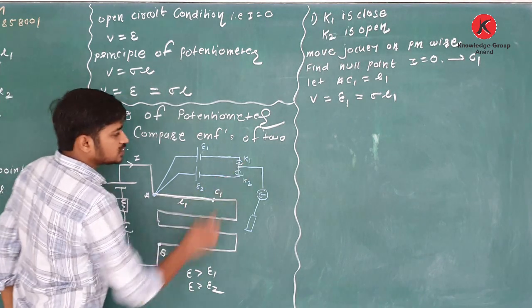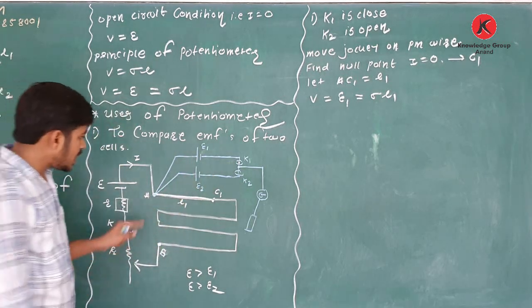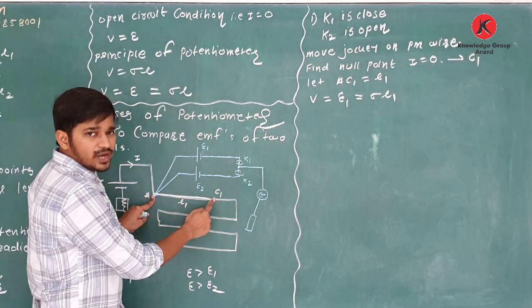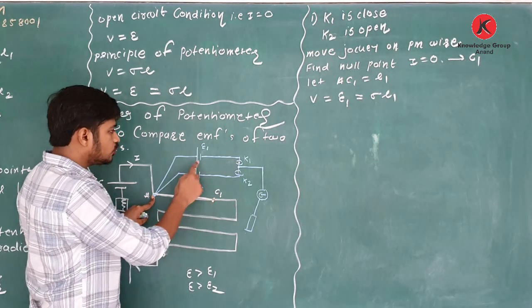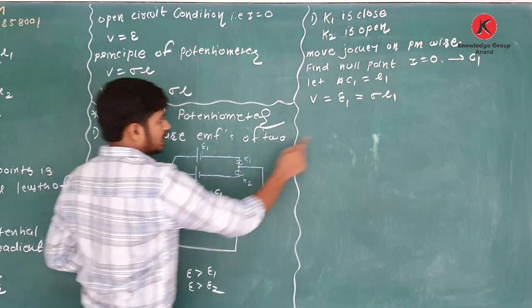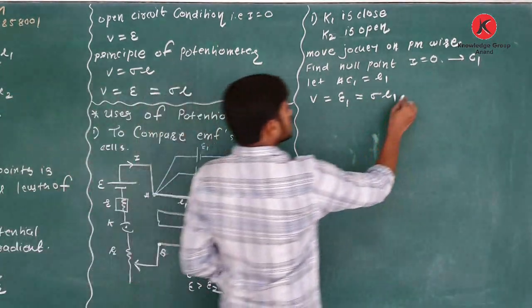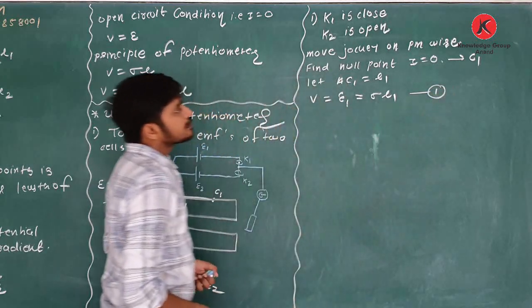Here the K1 switch is closed, so this cell comes in the circuit. So the potential difference between the two ends is equal to the EMF of this cell, and is equal to sigma L1. Clear about this? So it is your equation number 1.